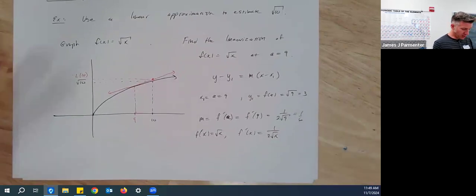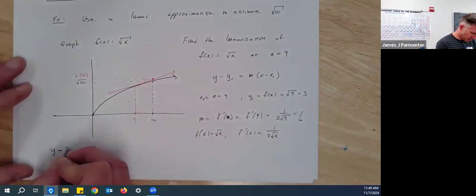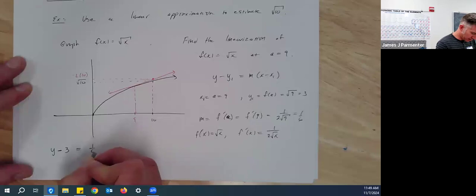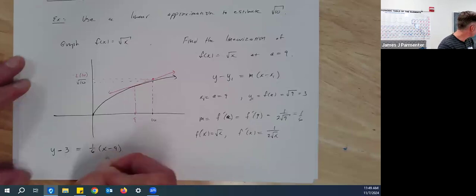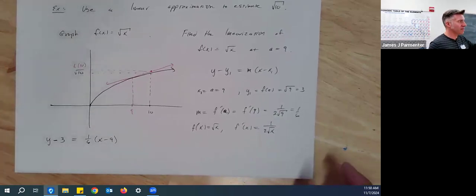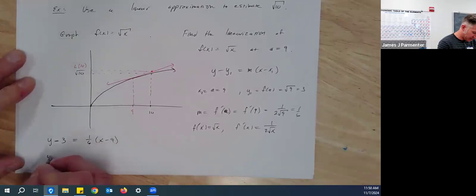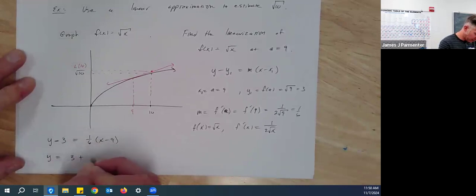So then the equation of our tangent line is y minus 3 equals 1/6 times x minus 9. And typically, when we write this specifically for a linearization, we isolate y, but we don't do anything more, meaning we add 3 to both sides, and we stop right there.